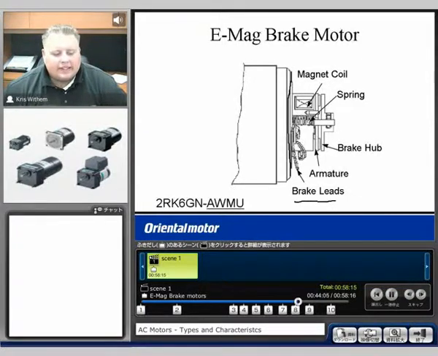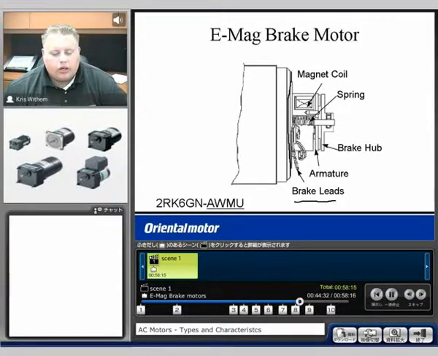the coils act as an electromagnet and pull the armature away from the brake hub. The motor will spin if power is applied to the motor leads. When the power is removed simultaneously from the motor leads and the brake leads, there's no longer any current flowing through the magnetic coil, so the spring will force the armature into the brake hub, causing the load to be held in position. So when the power is removed, the load goes right into a stop condition, or it holds on to it.